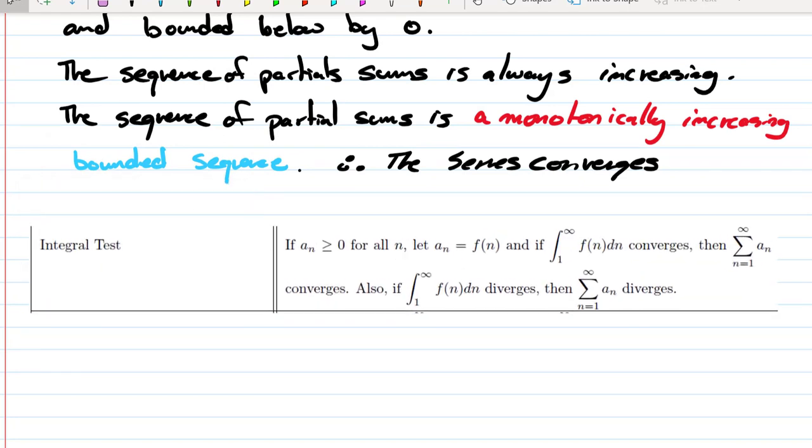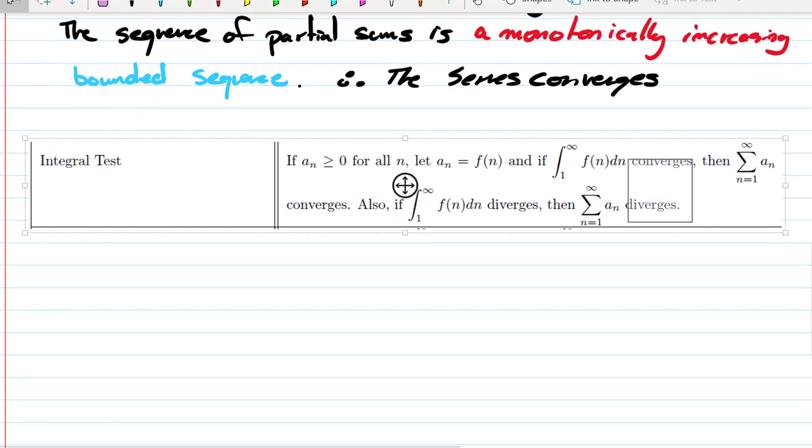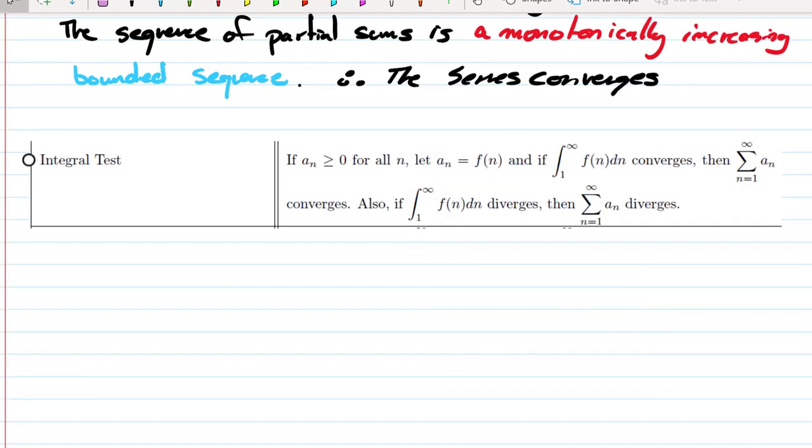To summarize, the integral test: if an is greater than 0 for all n, let an equal f of n, and if the integral from 1 to infinity of f(n) dn converges, then the sum converges. Also, if the integral from 1 to infinity of f(n) dn diverges, then the sum diverges. So they share the same fate.